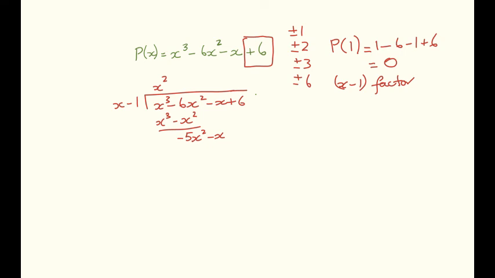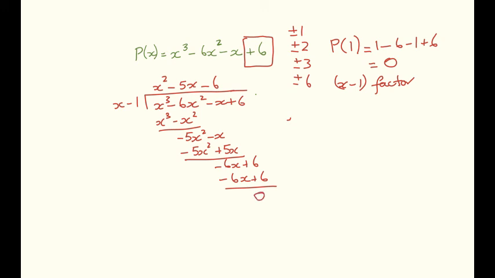X will go into this minus 5x times. So minus 5x squared plus 5x minus x minus 5x will give me minus 6x. Bring down that 6. X will go into minus 6x minus 6 times, minus 6x plus 6.